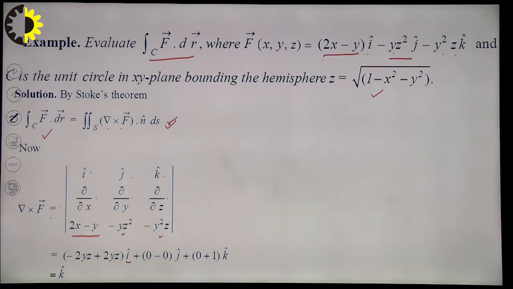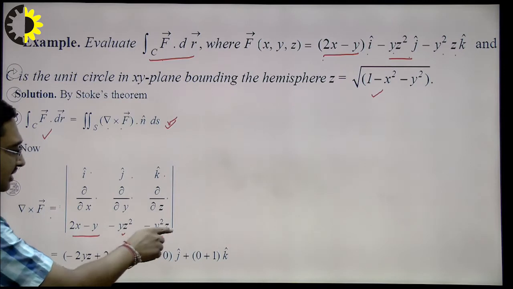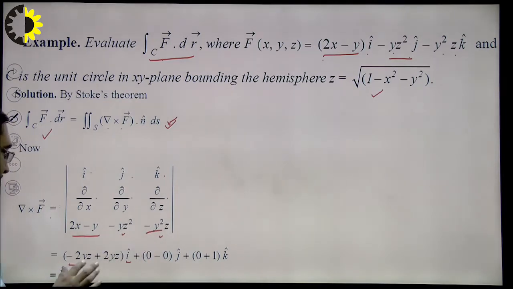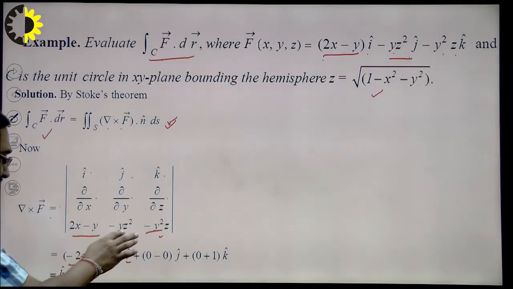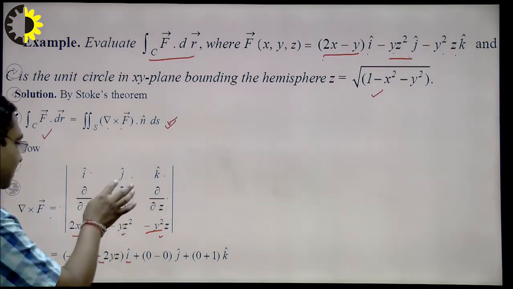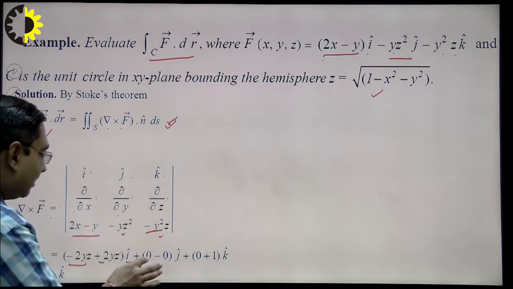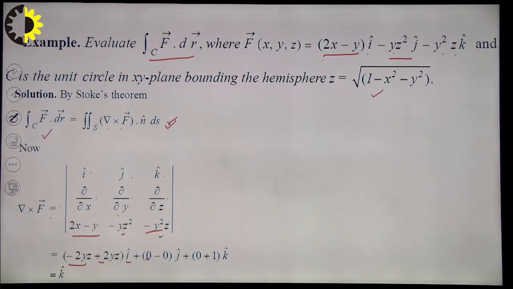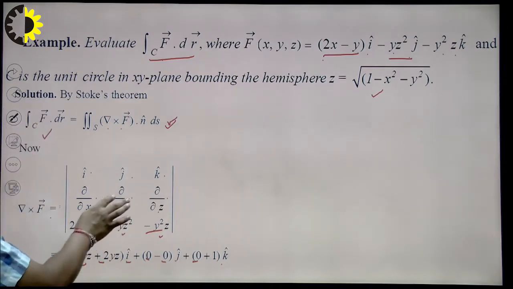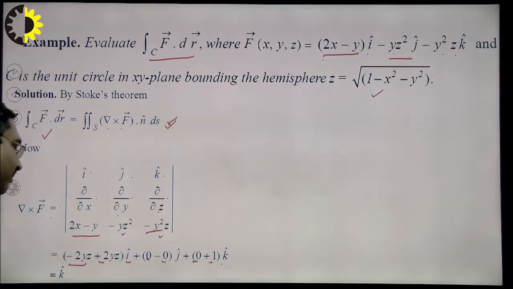I cap times del over del y of this term, z will be constant, so it will be minus 2yz, minus del over del z of this, it will be plus 2yz, minus j cap times del over del z of this will be 0, del over del x of this will be 0, plus k cap times del over del x of this will be 0, del over del y of this will be 1, and it is the value of del cross f.